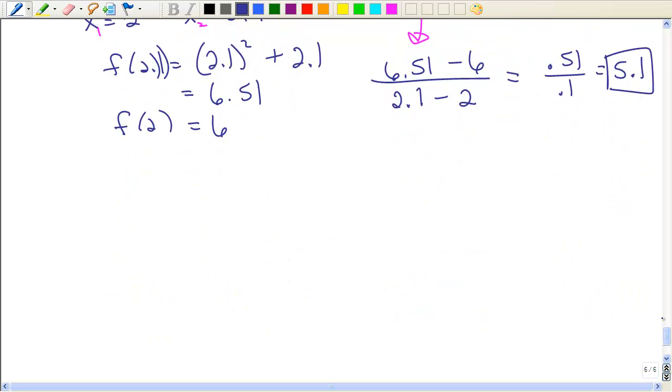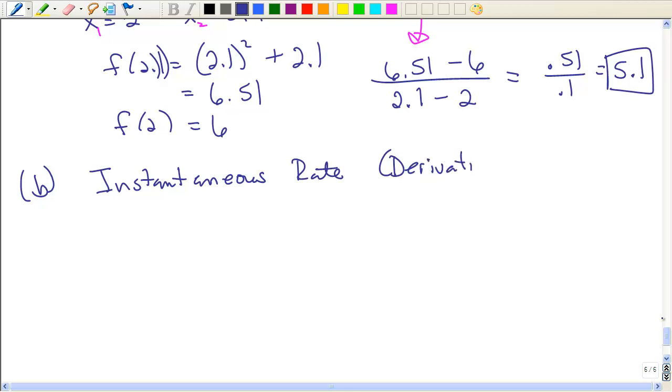Let's check it out. On part B, it asks us to find the instantaneous rate of change. That is the derivative, and they want the instantaneous rate of change at x equal to 2. Remember the function was that.